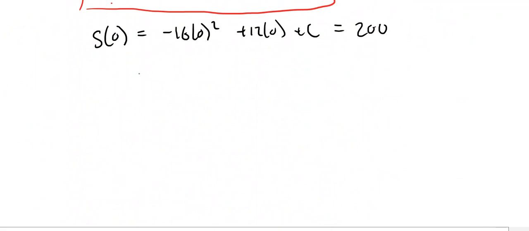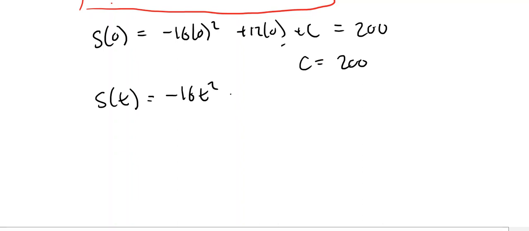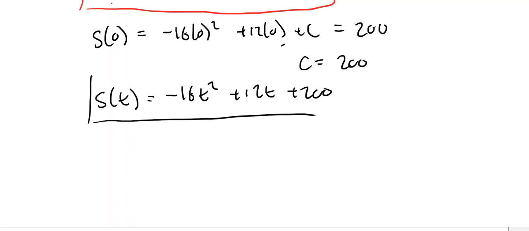And so when we solve this, we end up with c equals 200. So then my full position function is s of t equals negative 16t squared plus 12t plus 200. And there is my position function.